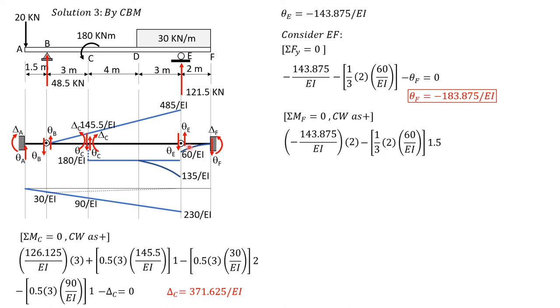So the centroid is 1.5 from F. Then minus delta F equals 0. So solving for delta F equals negative 347.75 over EI. So that's the complete solution to this problem.